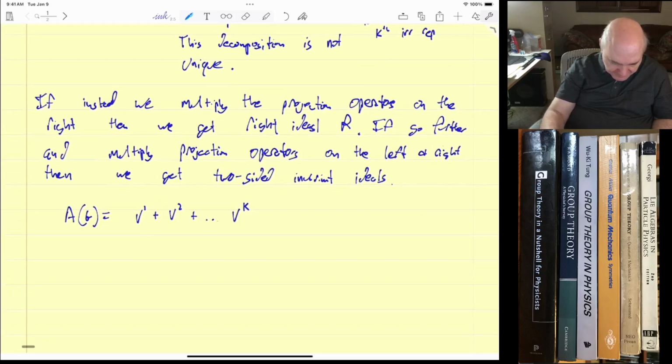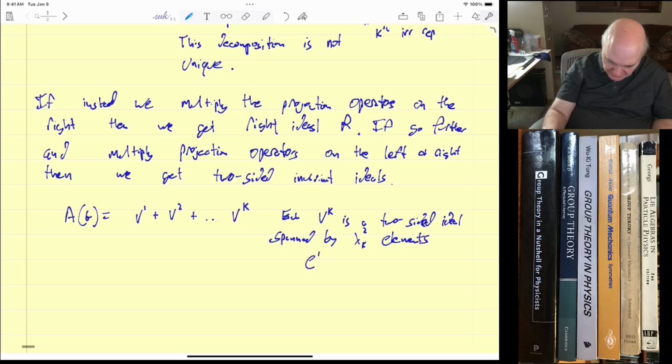And so each VK is a two-sided ideal spanned by lambda k squared elements, rho k c c prime.